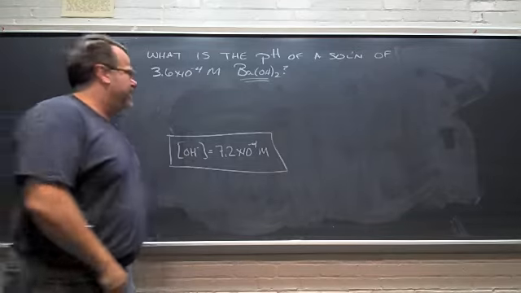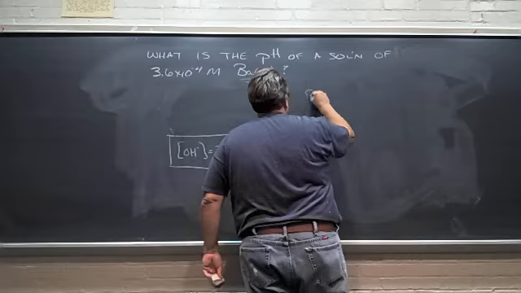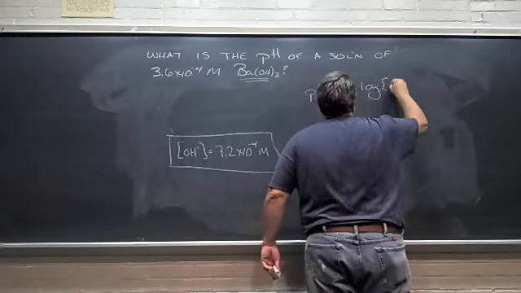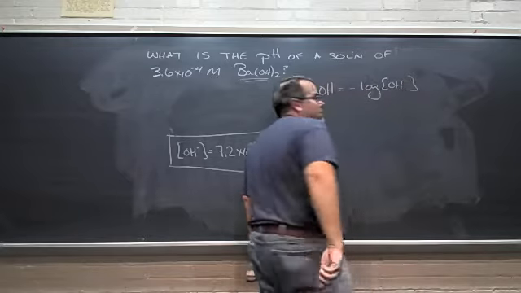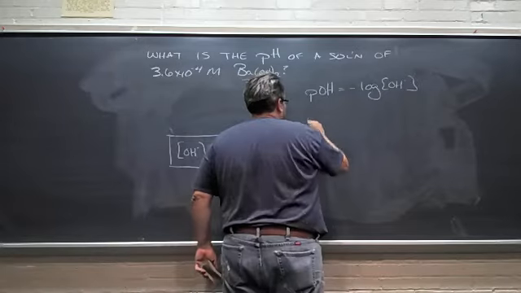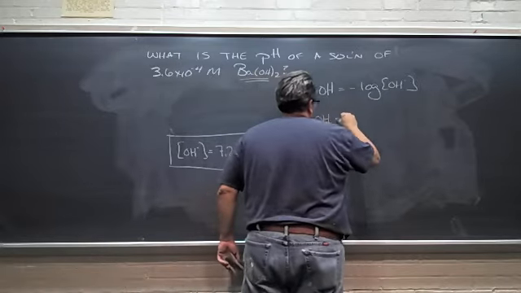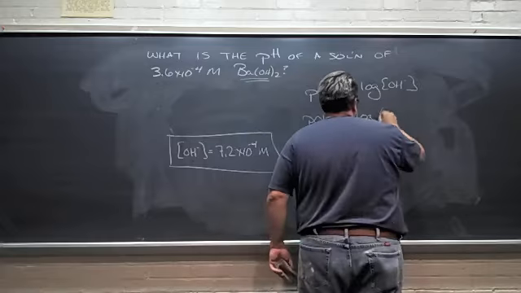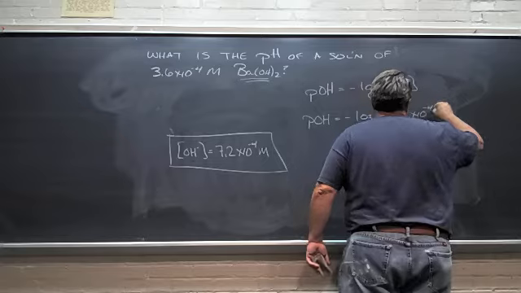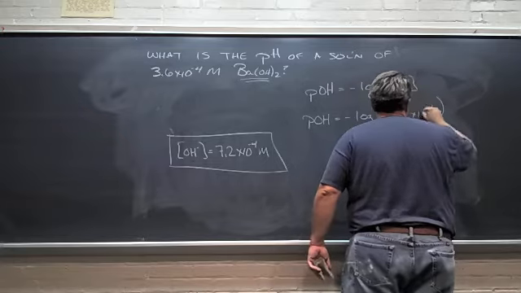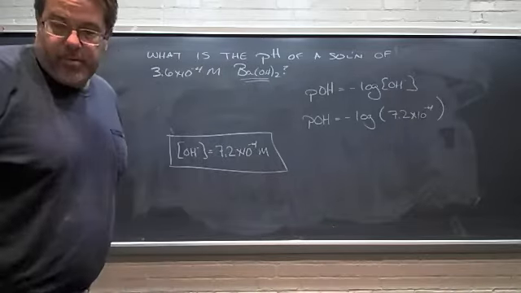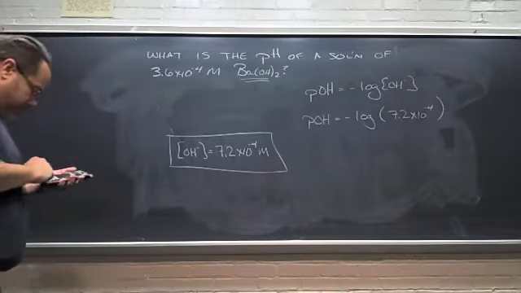We'll use the hydroxide to get the pOH, not concentration. So pOH is negative log of the hydroxide concentration. So that's negative log of 7.2 times 10 to the minus 4.